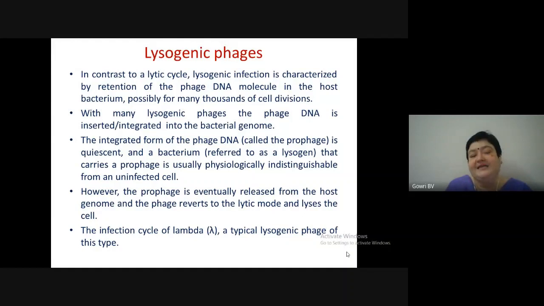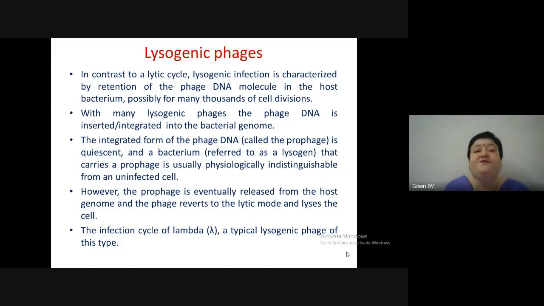I repeat the slide again. In contrast to a lytic cycle, lysogenic infection is characterized by retention of the phage DNA molecule in the host bacterium, possibly for many thousands of cell divisions. With many lysogenic phages, the phage DNA is inserted or integrated into the bacterial chromosome or genome.